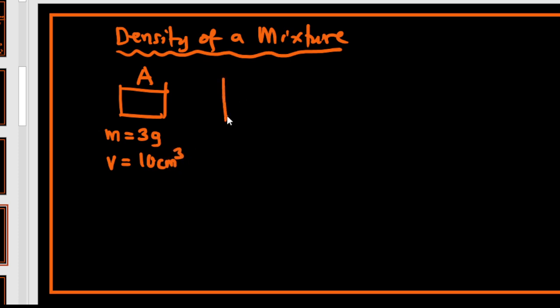And you have substance B that has a mass of 7 gram and a volume of 20 cm cube.